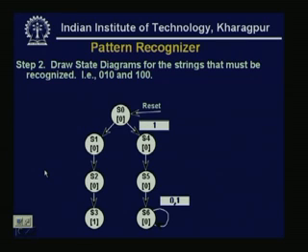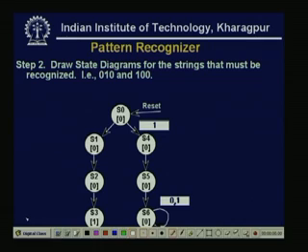Now, we first draw the state diagram. First, this is the initial state. As I mentioned last day in the design process, we need one starting state or initial state.